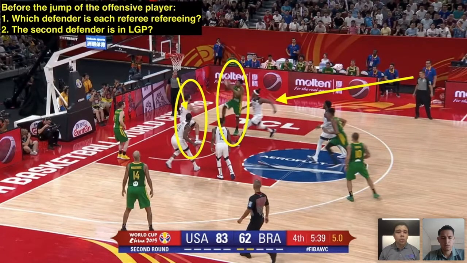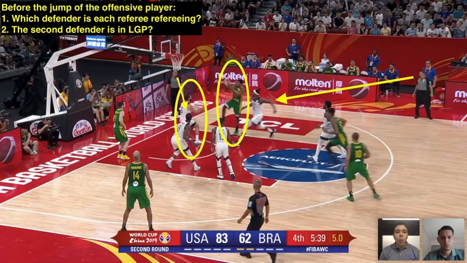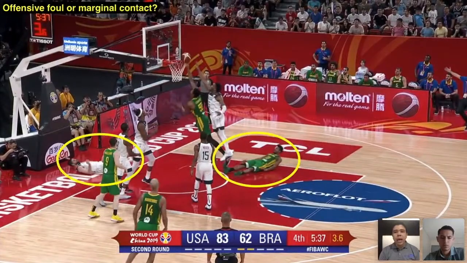This is crucial when calling fouls, because sometimes when we watch these big crashes in the air and people going to the floor, we tend to call a defensive foul because most of the time we don't watch what that defender was doing before the contact itself. So let's keep this in mind: where I'm looking, who is coming to defend, and how early I pick him up.